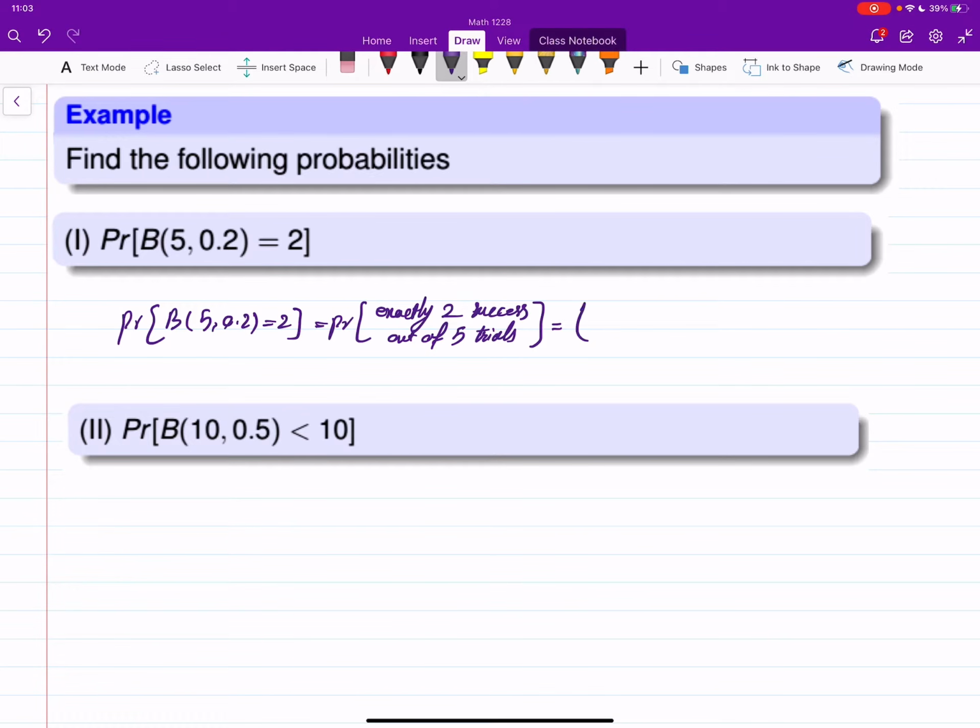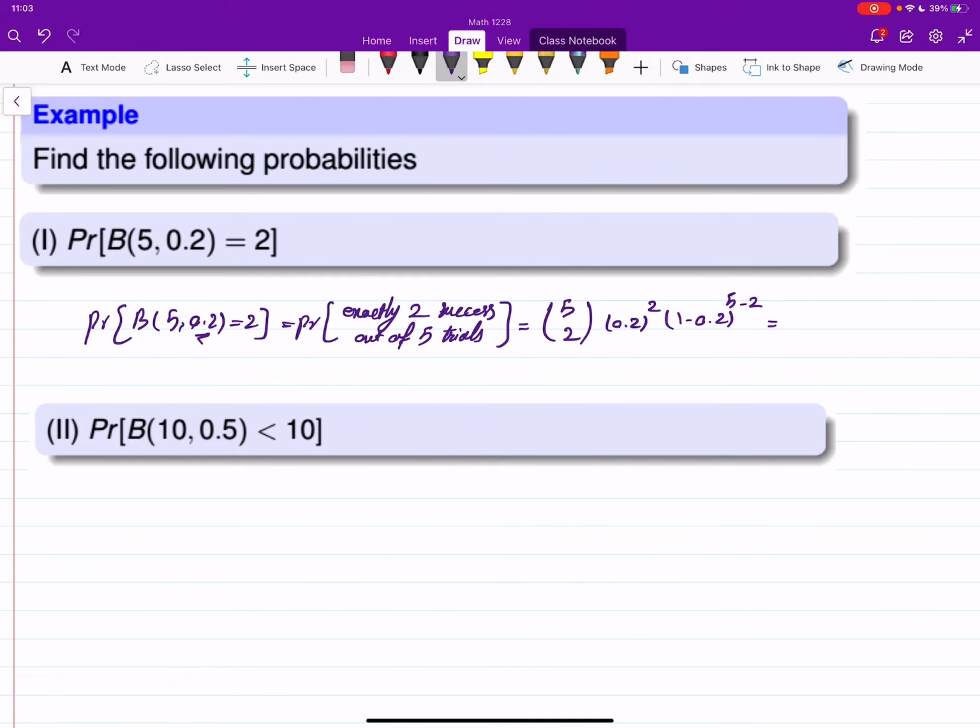This is, well, 5 choose 2. What is the rate of success? 0.2 to the power 2. The rest must be failure, which is 5 minus 2 here. Well, 5 choose 2 is 5 times 4 divided by 2, which is 10, times 0.2 to the power 2 times 0.8 to the power 3.